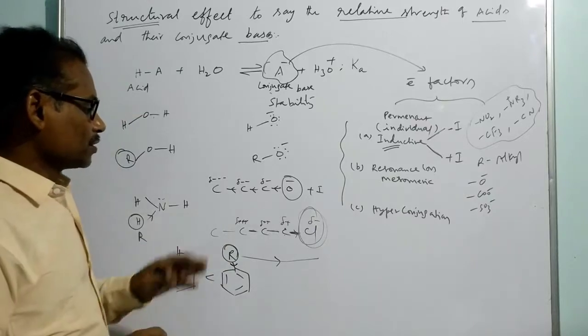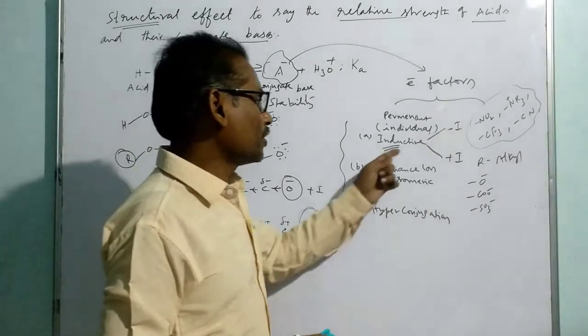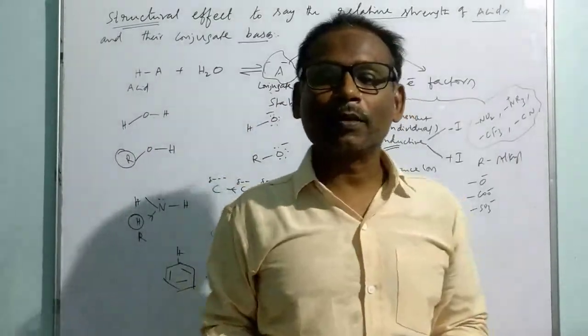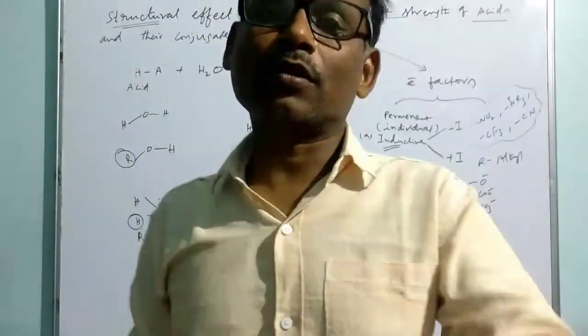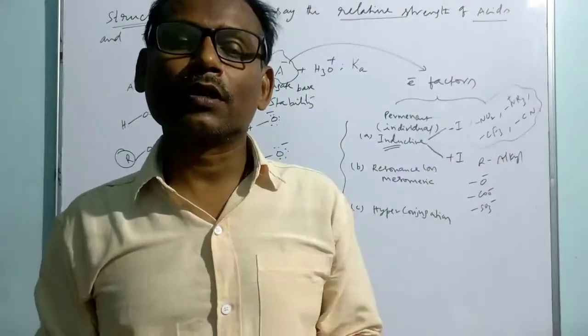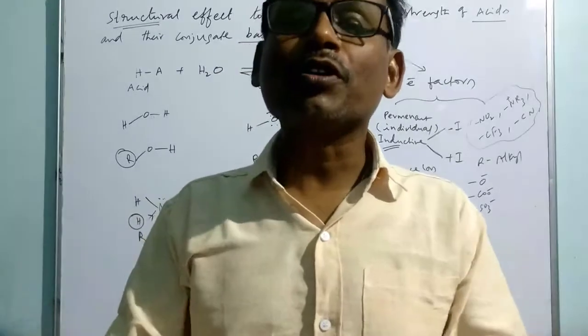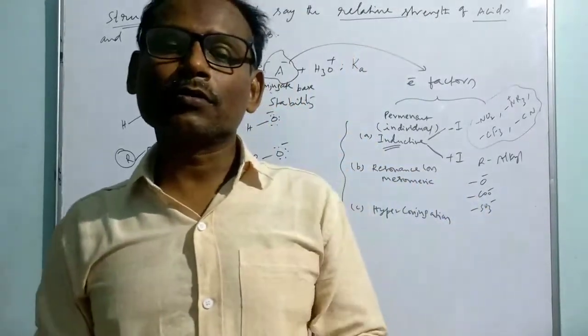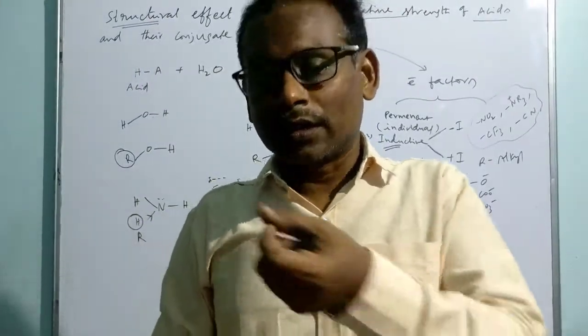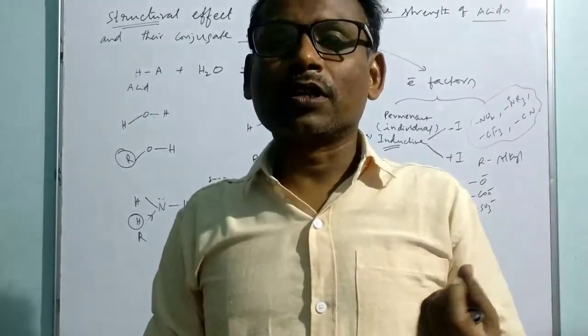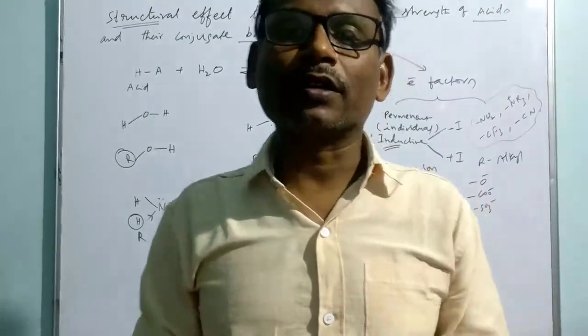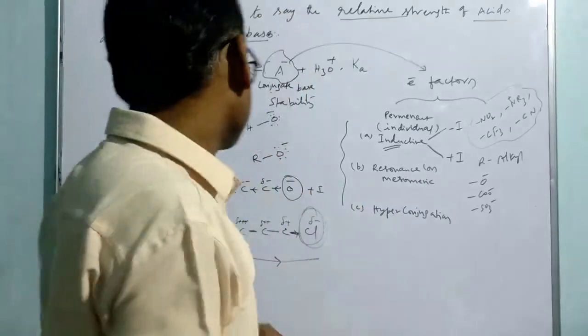So there are two possibilities of inductive effect. Some groups pump the electron, they are called electron donating groups, where the exhibited effect is called positive inductive effect. There are some groups which are more electronegative, their electrons will be withdrawn from the rest of the molecule, that is called negative inductive effect.